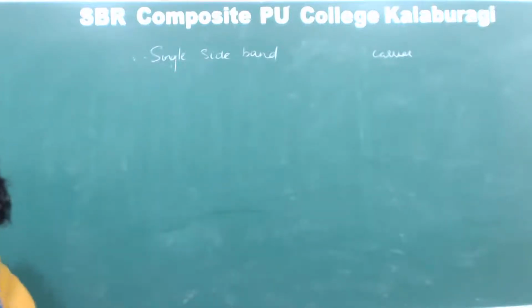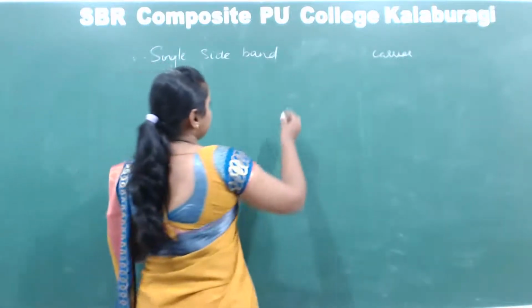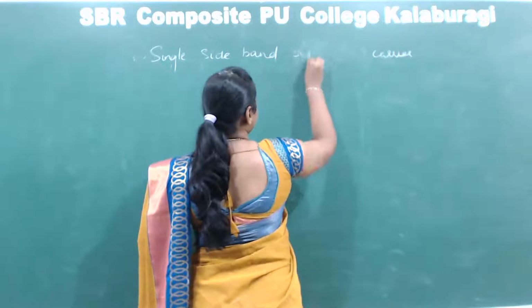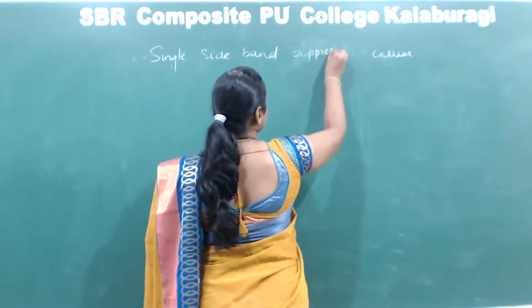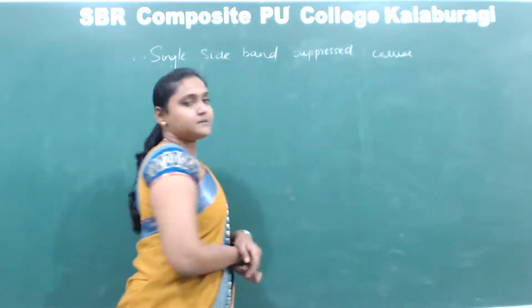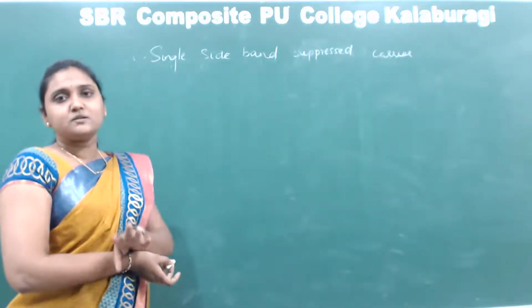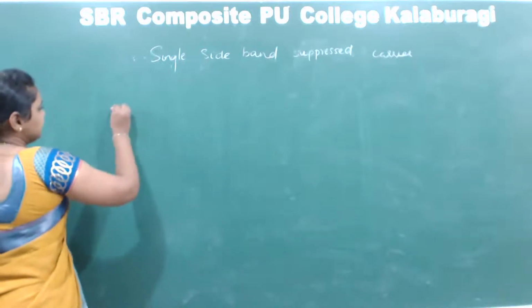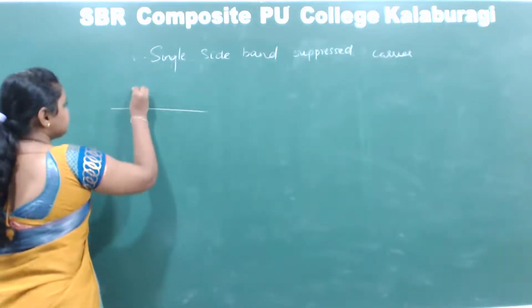So the next one, single sideband but suppressed carrier. Carrier will be suppressed, so carrier is also not transmitted. How does this type of transmission appear?